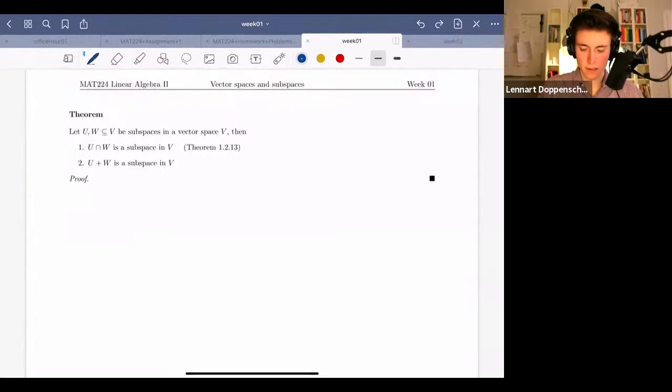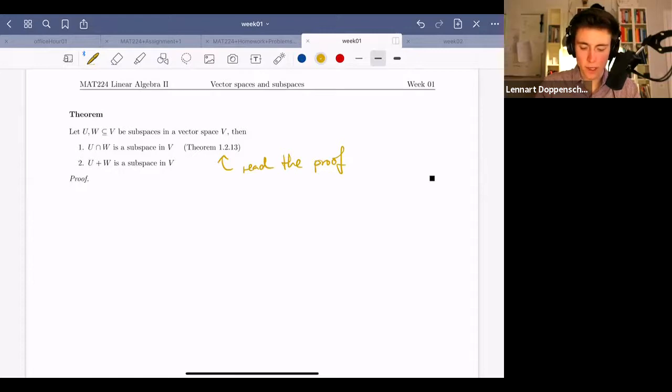I'm going to skip the proof, but it's actually not too hard. You can just look into the book and convince yourself. It just boils down to the fact that they're both subspaces, and so the properties of these subspaces apply to the intersection as well.